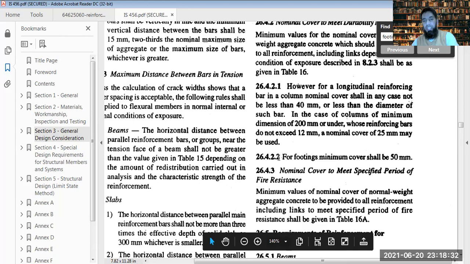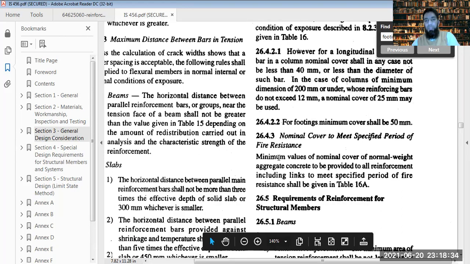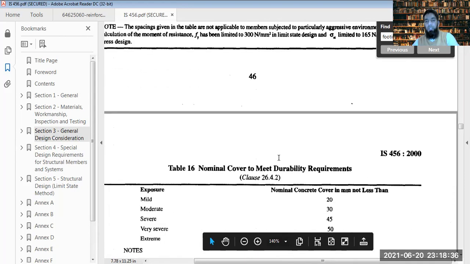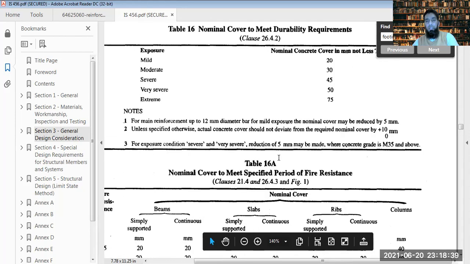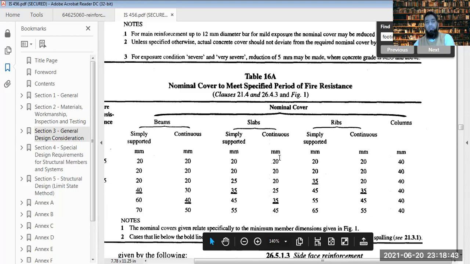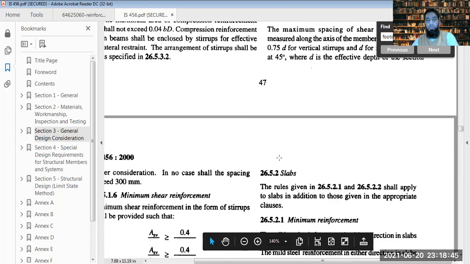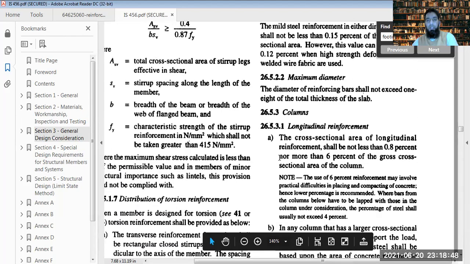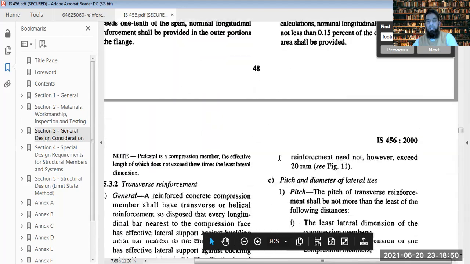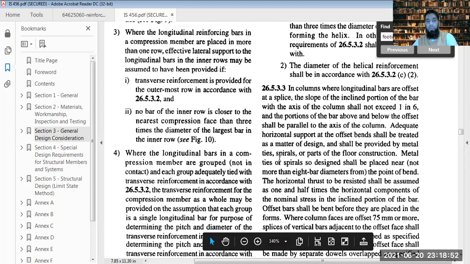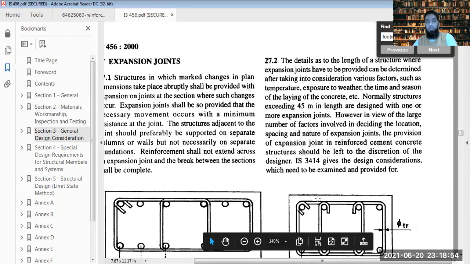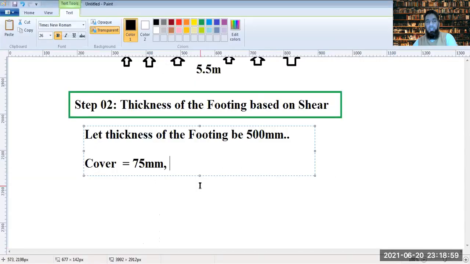This is clause 26.4.2.2 given in the code. So it's not 30 mm. Its minimum is 50 mm that you use for calculating the cover for the footings. So we'll be going for 75 mm, which is greater than 50 mm. So you are meeting that clause.